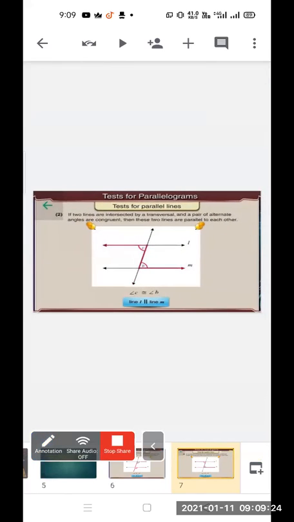The next test we have discussed is the alternate angle test. In this test, if two lines are intersected by a transversal and a pair of alternate angles are congruent, then these two lines are parallel to each other.